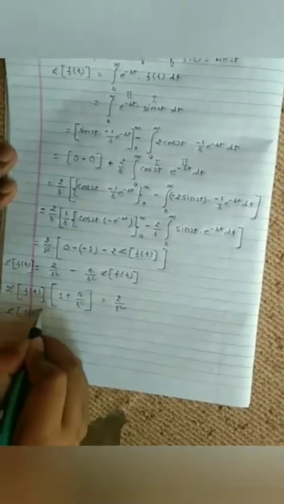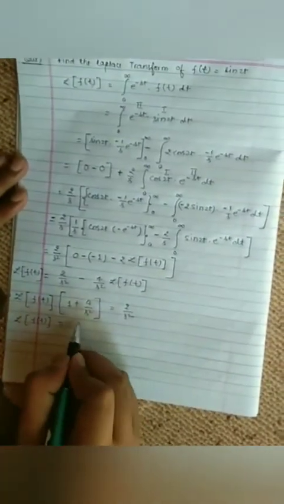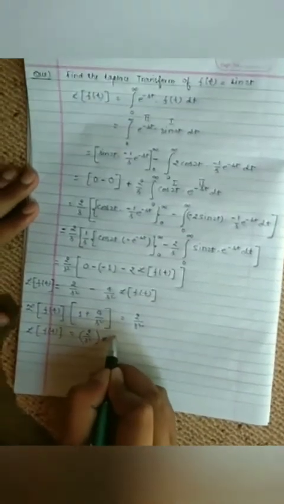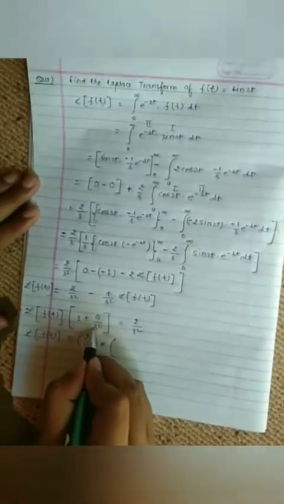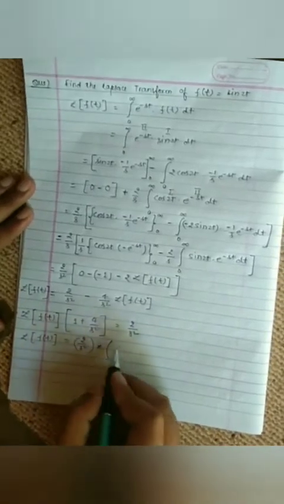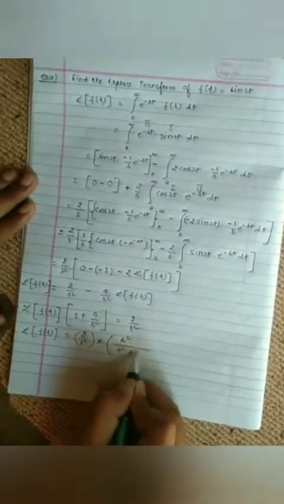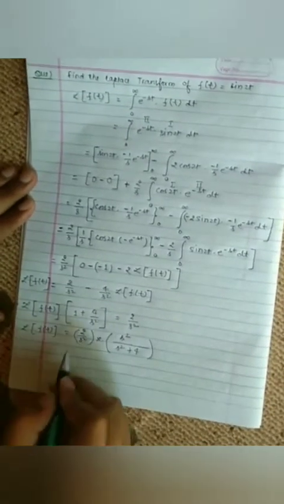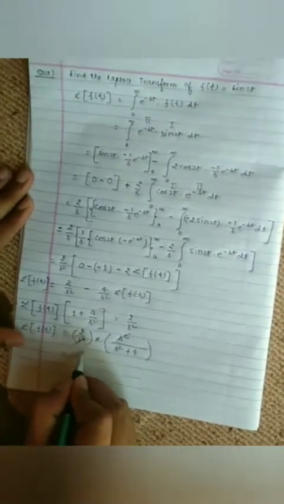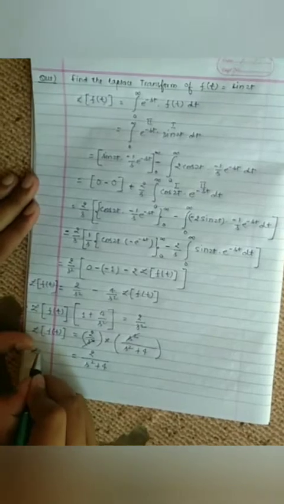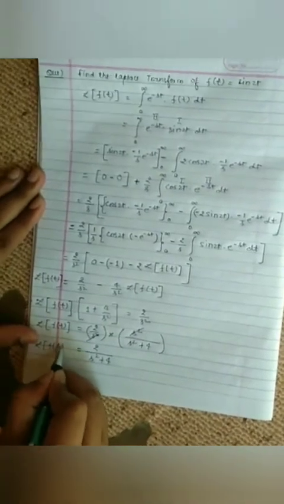So Laplace of f of t equals 2 by s square multiplied with the reciprocal, so s square upon s square plus 4. S square and s square will get cancelled out, so we will be remaining with 2 by s square plus 4.